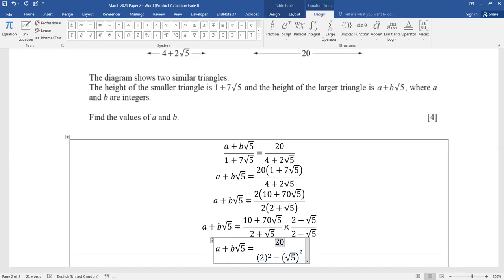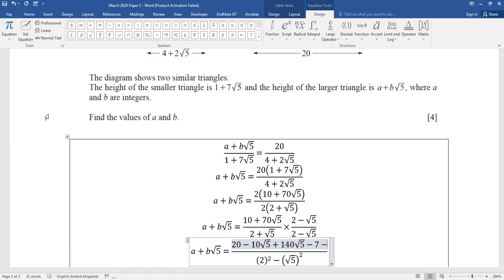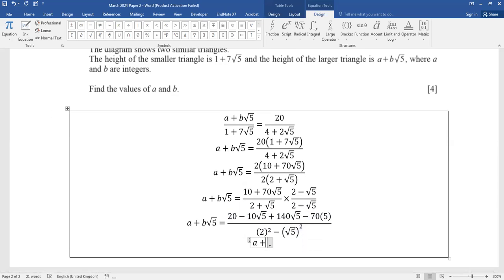And the numerator will be 20 minus 10 root 5 and then 140 minus 40 root 5 minus 70 into 5 is a plus b root 5. Denominator will be 4 minus 5, which is 1, just writing it for your satisfaction.